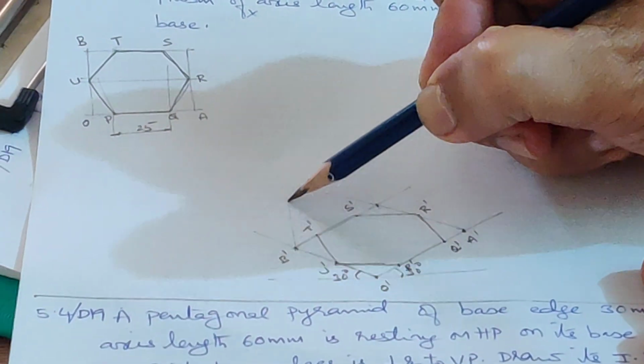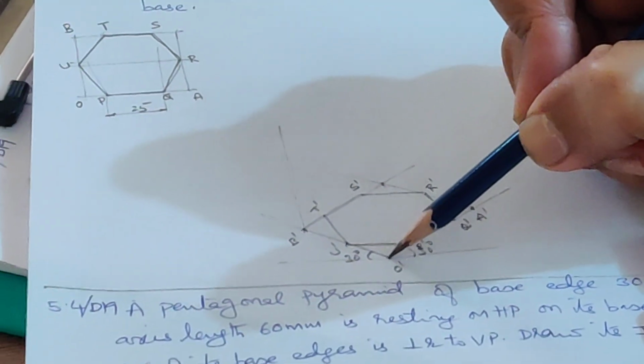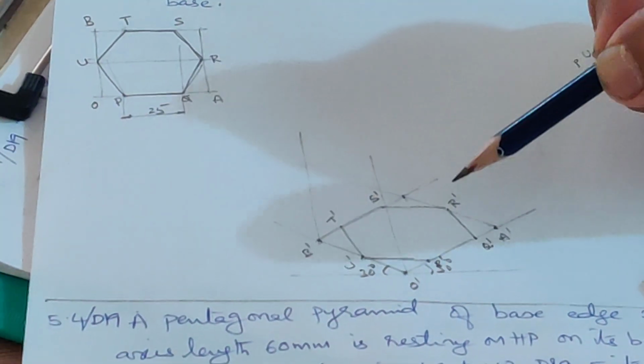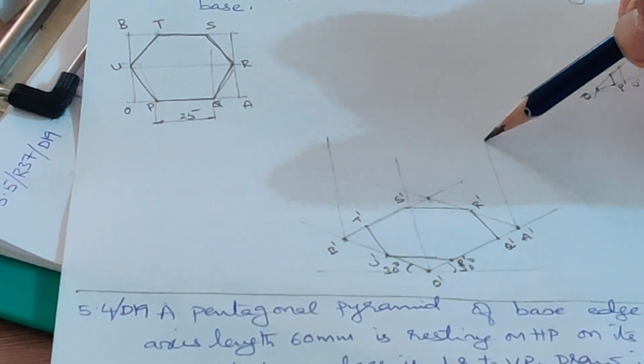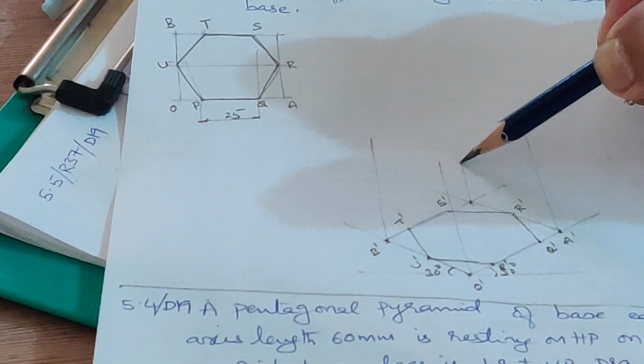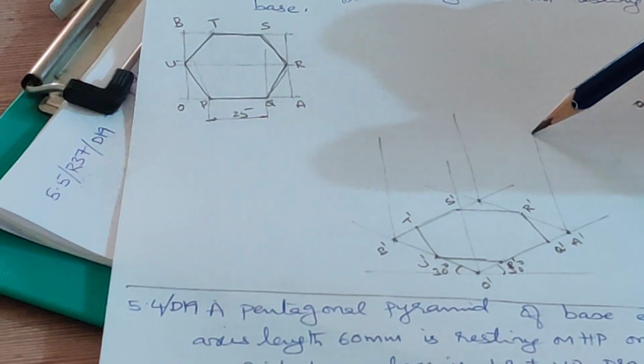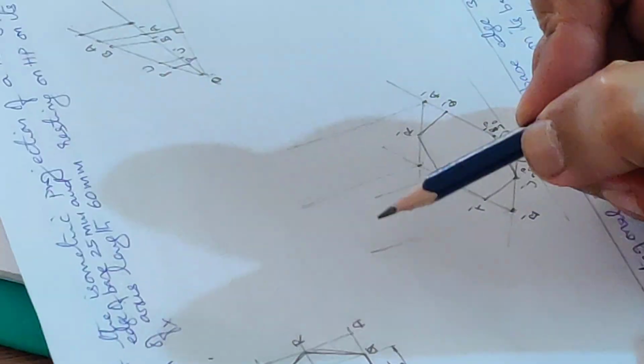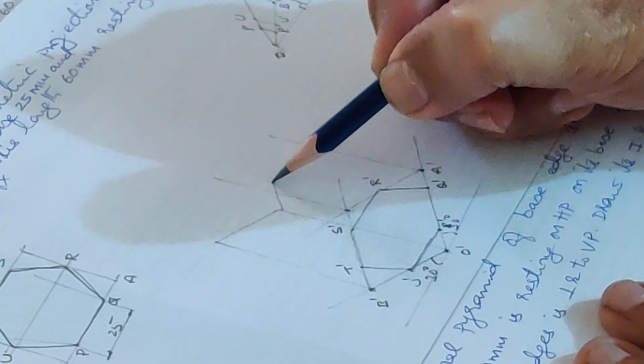Now I am going to mark the distance along these verticals. Each vertical will be ISO 60. Now connect the tips of the perpendiculars drawn. You will get the box for the top face.